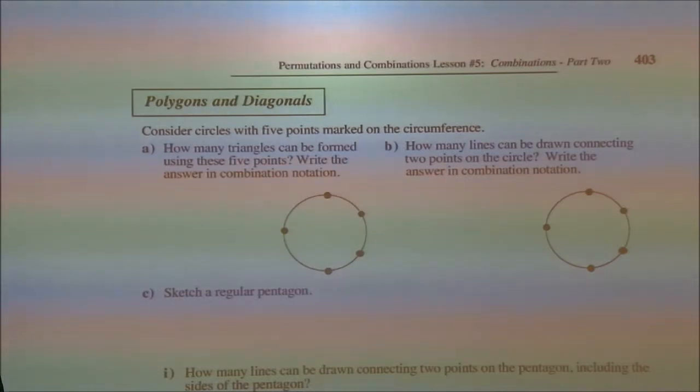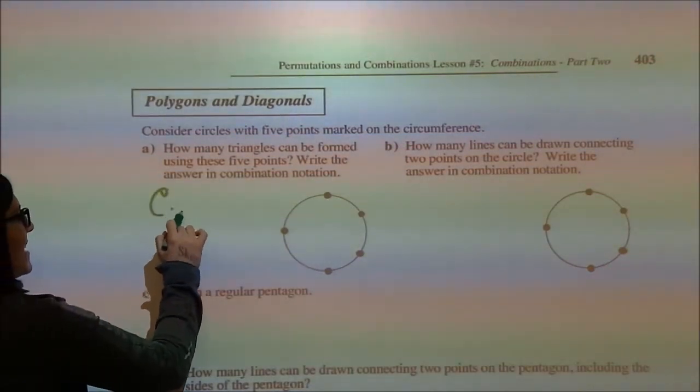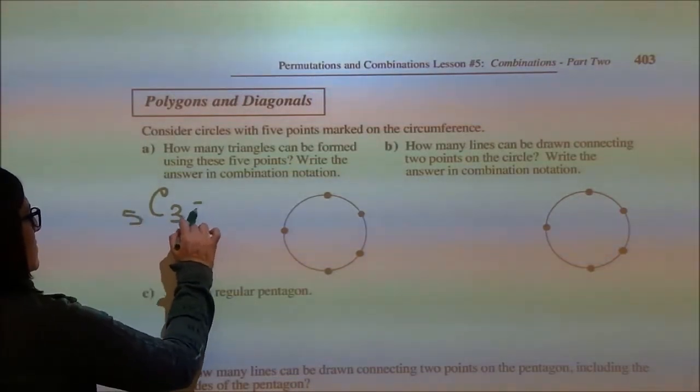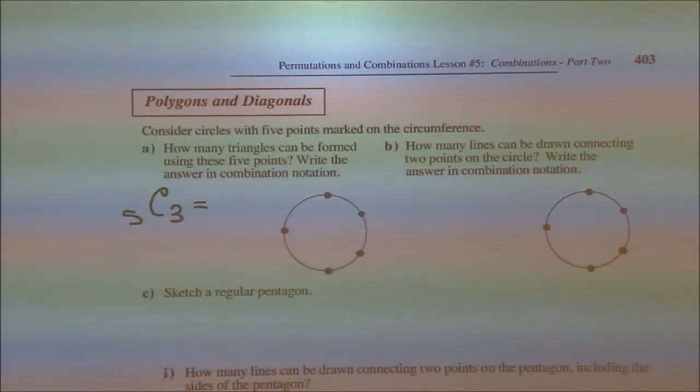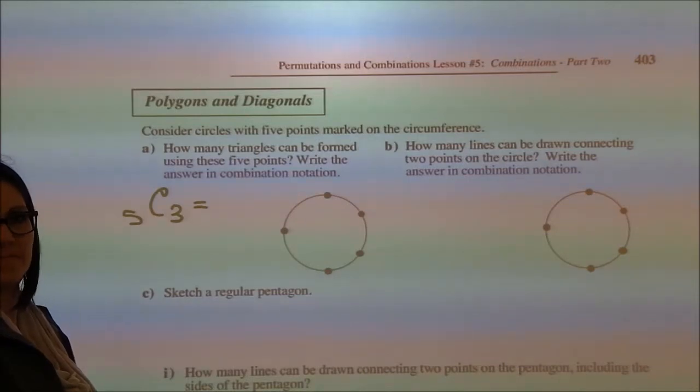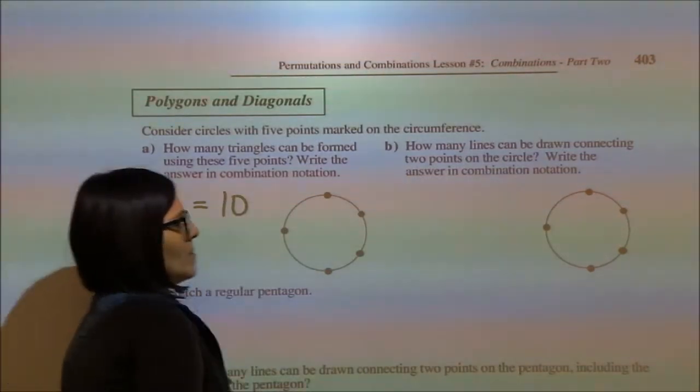So how many points do I need to draw a triangle? 3. So I'm choosing 3 points. And how many points do I have to choose from? 5. So how many ways? 10.